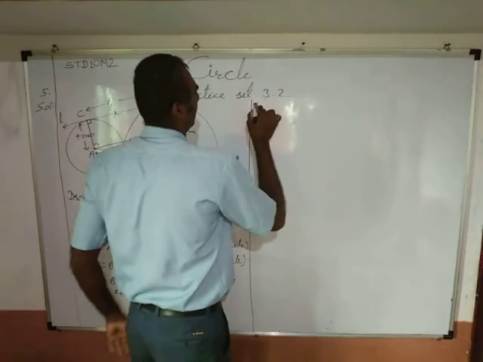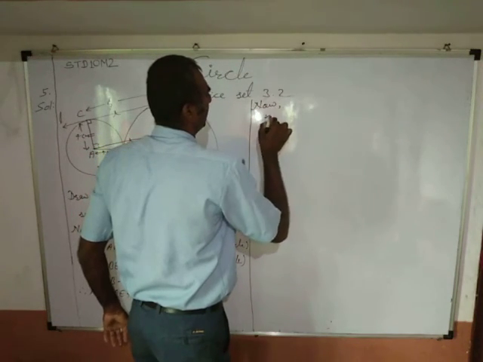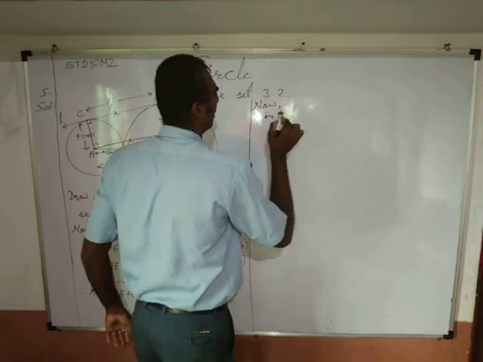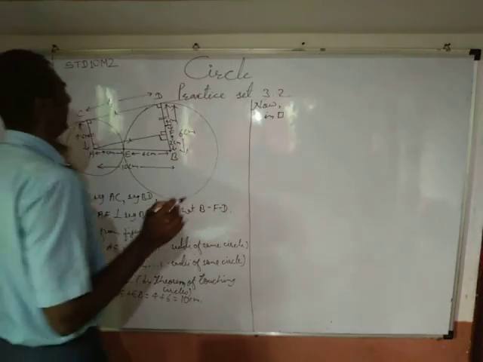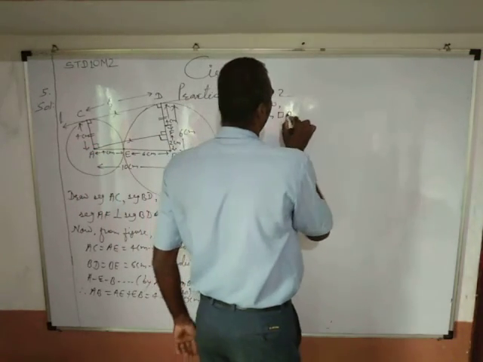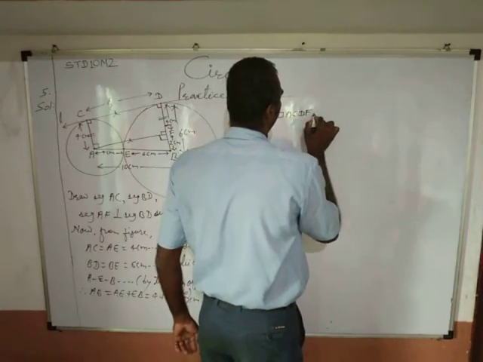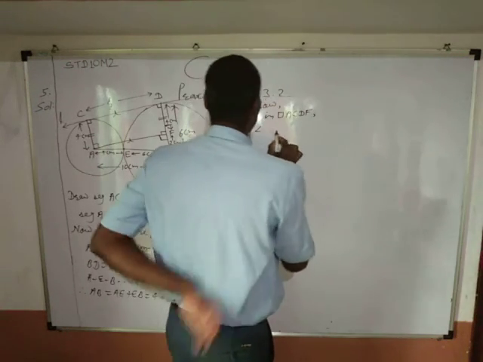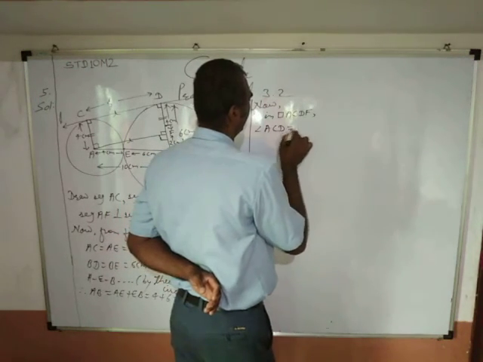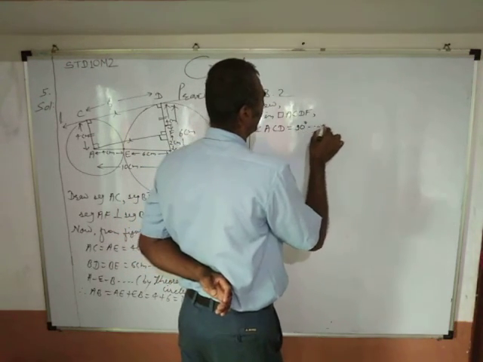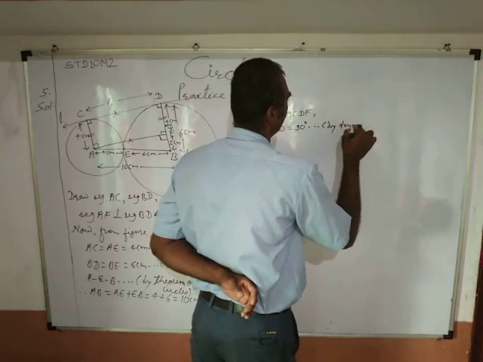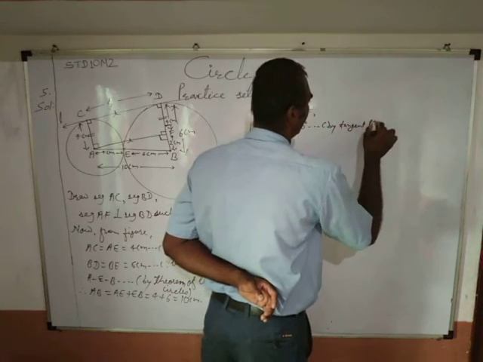Now in quadrilateral ACDF, angle ACD equals 90 degrees by tangent theorem.